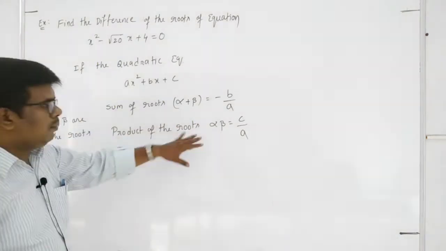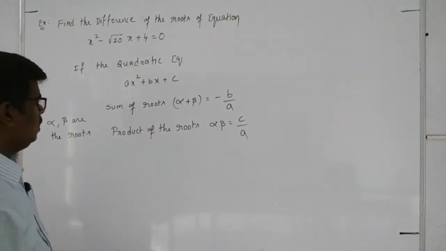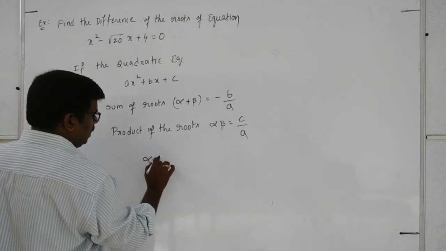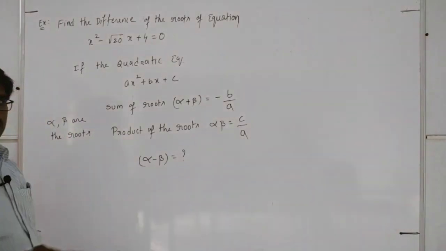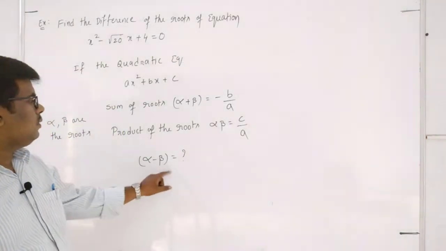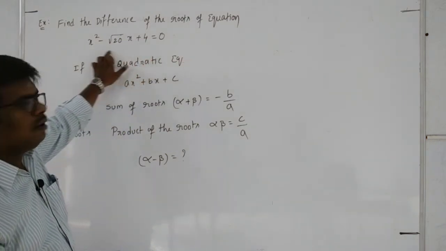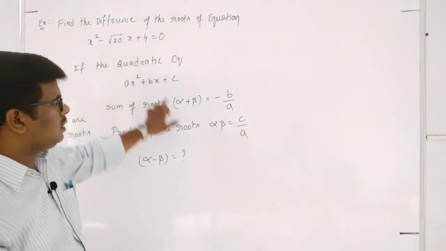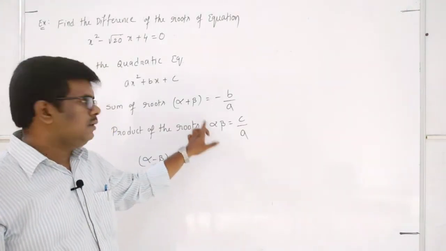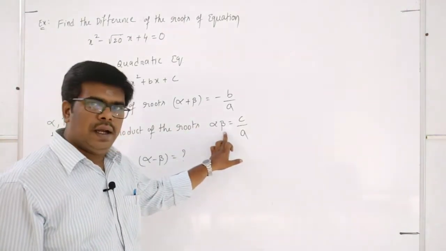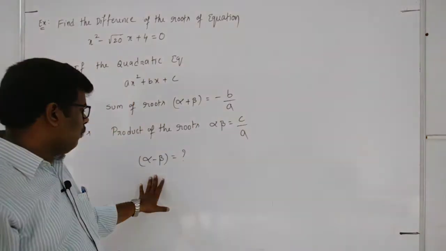So this is the information we know, but they are asking to find the difference of the roots. So we need alpha minus beta. From the quadratic equation you can know alpha plus beta and alpha beta, because the sum you can find and the product you can find, but actually in this problem you want the difference.